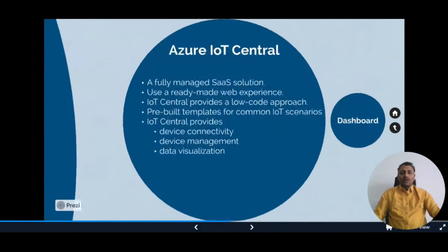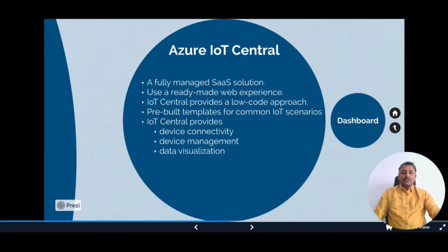The next one is Azure IoT Central. Azure IoT Central is again a fully managed SaaS solution, software as a service, that simplifies IoT device management and application development. We can get started with a ready-made web experience and API surfaces for IoT solution development.